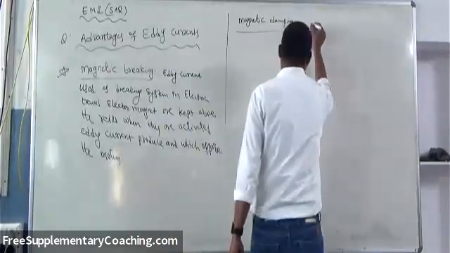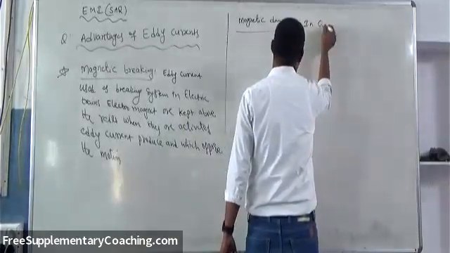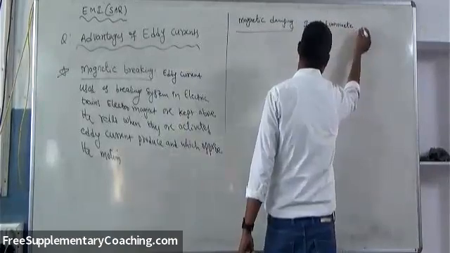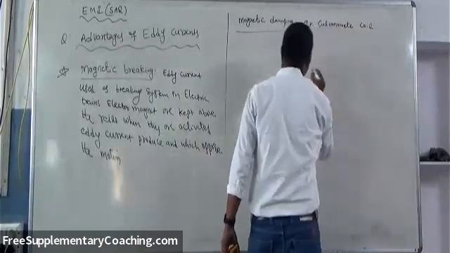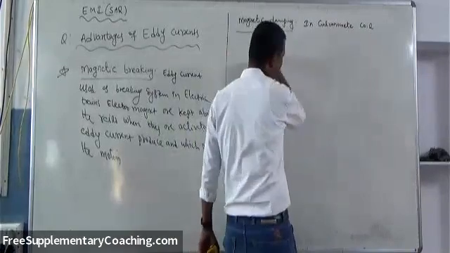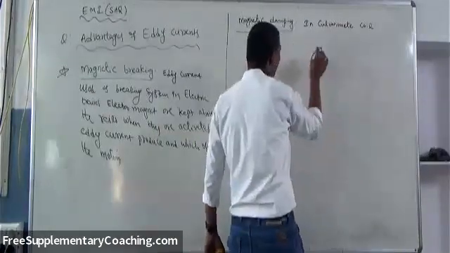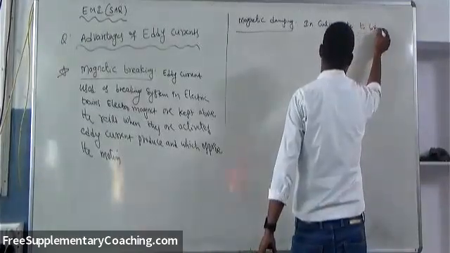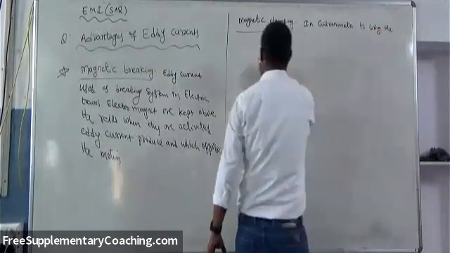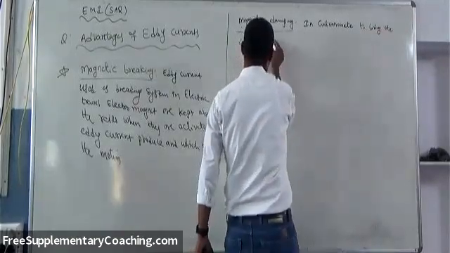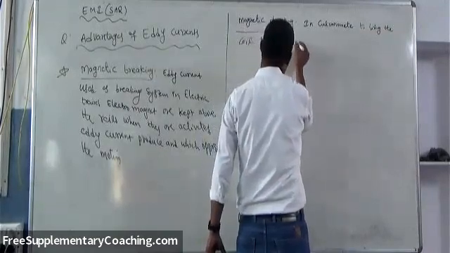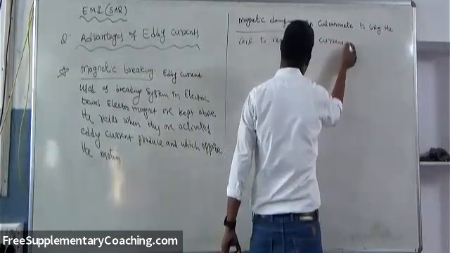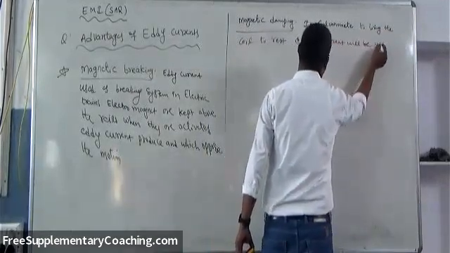So generally, to bring the coil in a galvanometer to rest, eddy current is used.